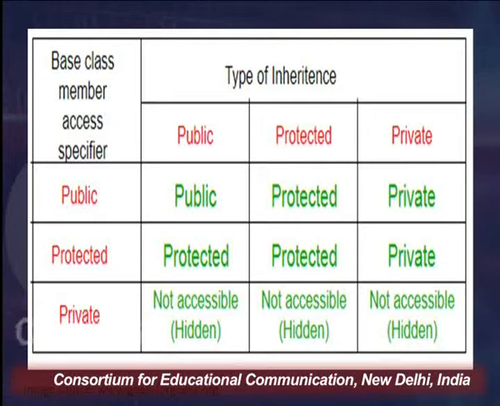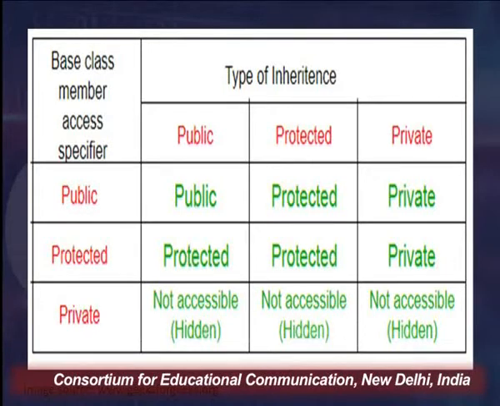So, in the first row, the public base class members maintain their status in public mode. In protected mode, public members will be protected inside the derived class, and protected members of the base class will be protected inside the derived class as well.